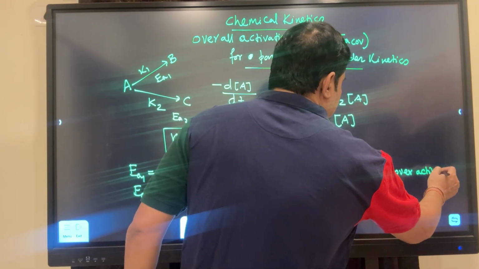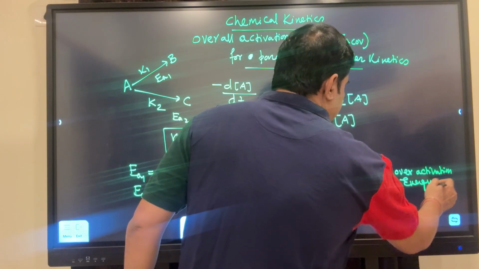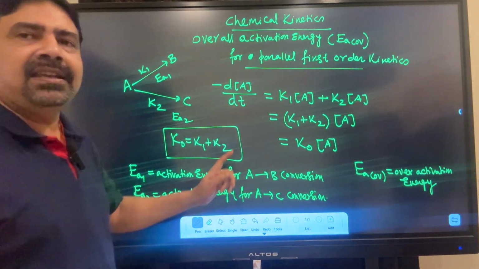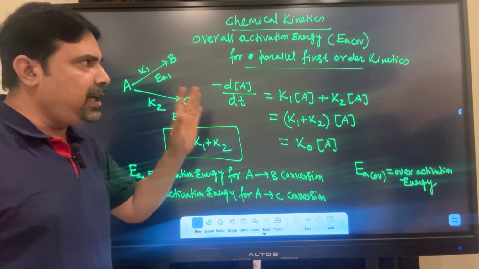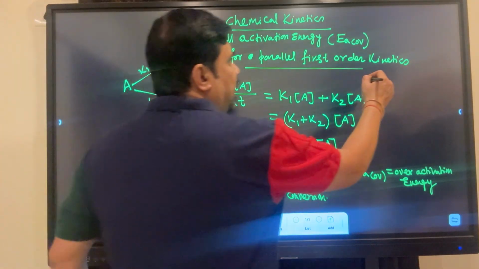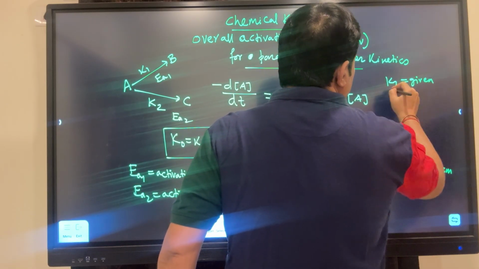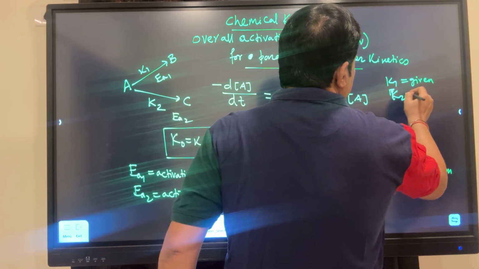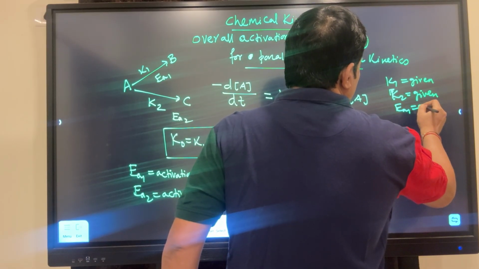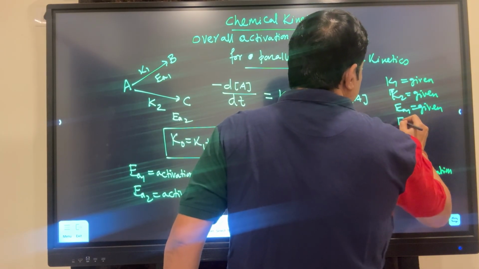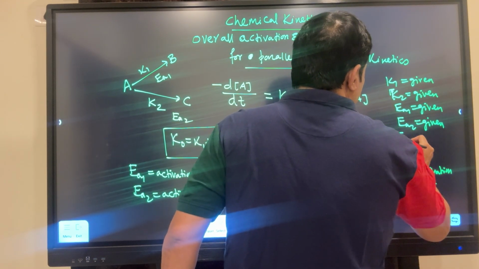Now what will be the relation of the overall activation energy in terms of K1, K2, EA1 and EA2? That is our aim from this equation. How can I find it out? In the questions, K1 will be given, K2 will be given, EA1 will be given, EA2 will be given, and then they will ask what E overall will be.